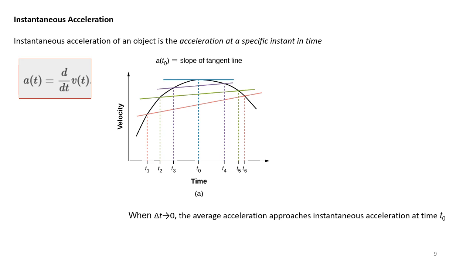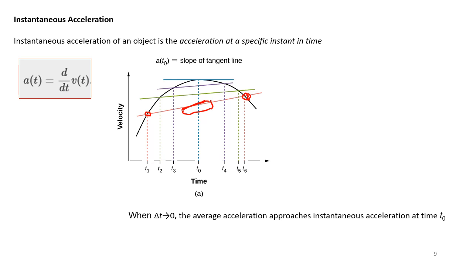This black line is actually the velocity function with respect to time. Now if you are asked to find the average acceleration between t1 and t6, you just take this point here and the second point here and draw a straight line between them. So if you find the slope of this line, then you get the acceleration.